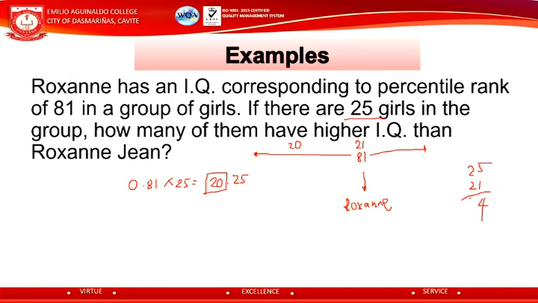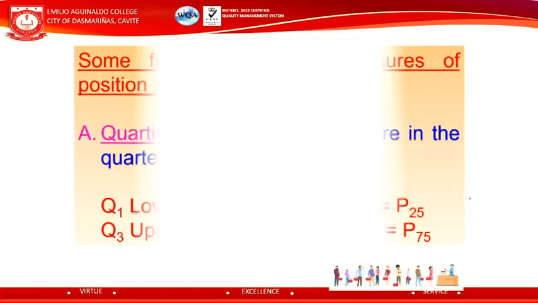Or we may just subtract 20 from 25 and then subtract Roxanne Jean, since we have to exclude her from the group, since we are looking for those with a higher IQ than her, and it will give us an answer equivalent to 4. That is how we solve problems involving percentiles.